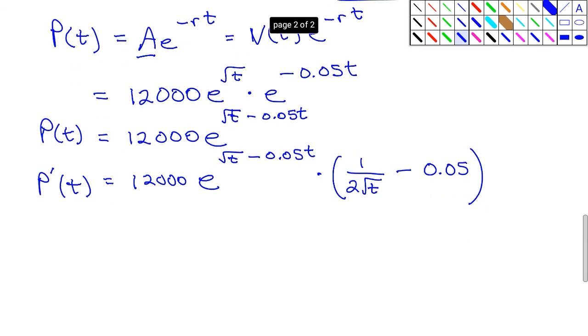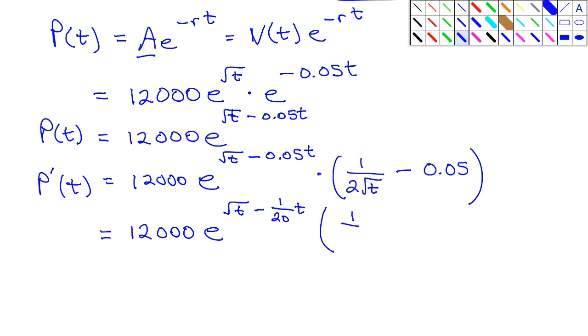Now, it might make this easier to work with if you know what 0.05 is. It's actually 1/20th. So you can change it on this one. You might not be able to change it on some of the others, but this one will work out well.